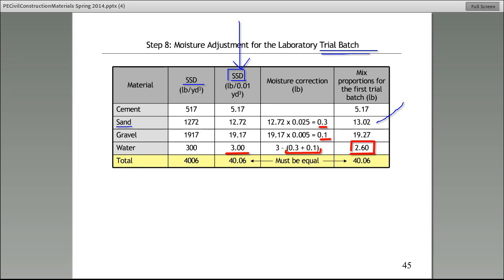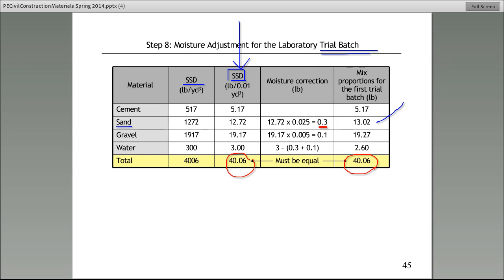All right. Now, one self-test is the following, and this is also helpful: the total addition of all the ingredients before the moisture correction should equal the total weight after the correction has taken place.